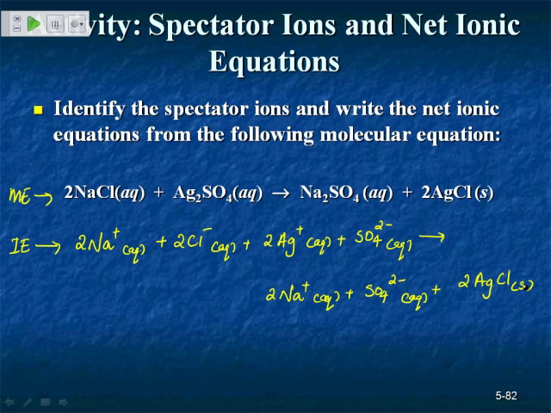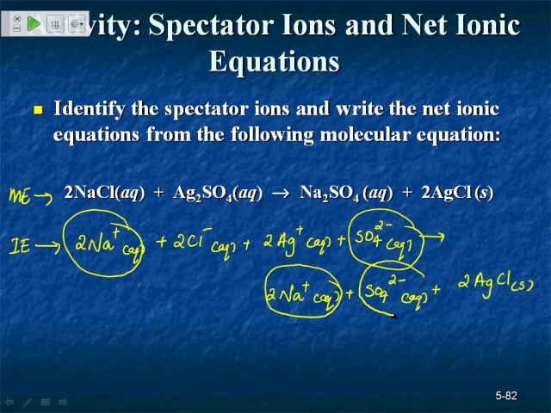Now, identify the spectator ions, please. Who are the ions that you see on both sides of the equation? We see 2 Na plus and 2 Na plus on both sides. Who else? The SO4 2 minus and SO4 2 minus on both sides. Those are the spectator ions. We have circled them.